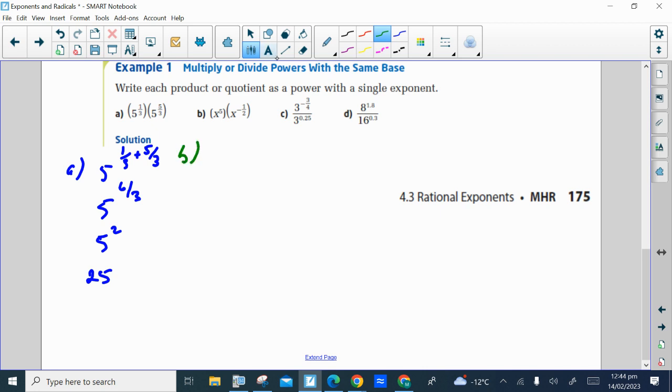All right, question B. You're multiplying powers with the same base. The law says you add the exponents and keep the base the same. So we're going to have to add 5 or 5 over 1. We're going to have to add that to negative 1 over 2. And in this case, we don't have a common denominator. We need to make the denominators the same.